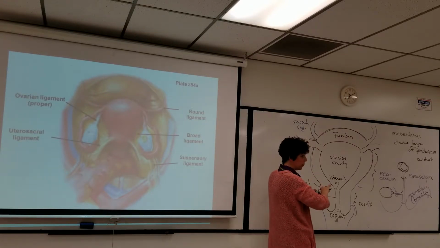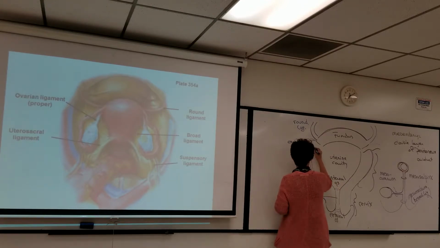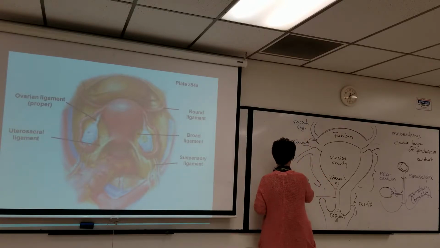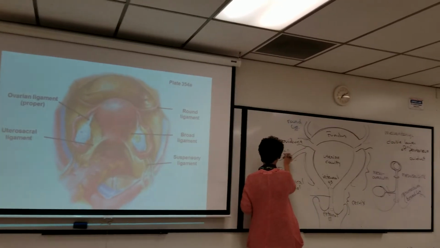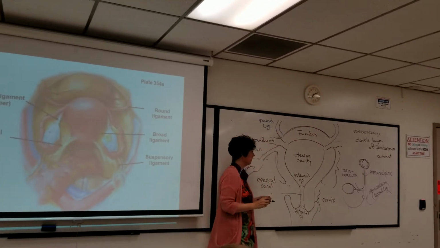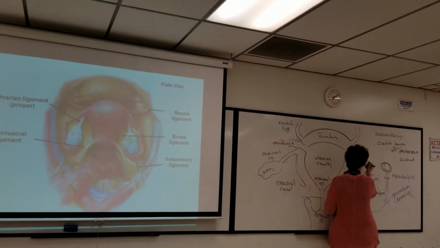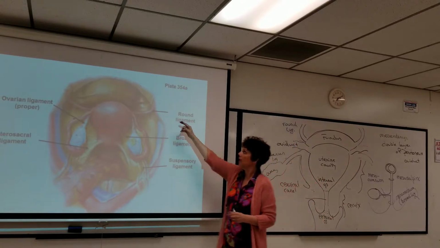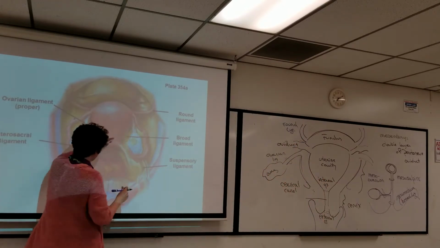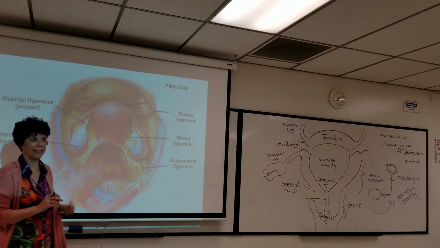And then the most posterior structure, which makes sense when we think about where it is, the ovarian ligament, which is going to attach to our ovary. Okay, so it would be on this side as well. I just labeled it. So that's passing posterior and lateral. So round ligament, oviduct, and ovarian ligament.